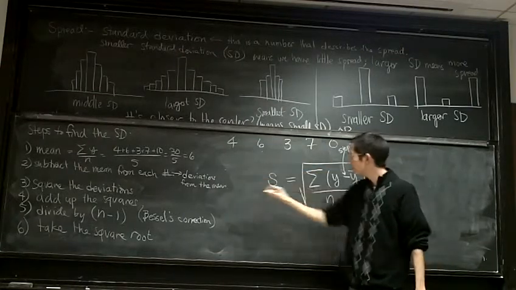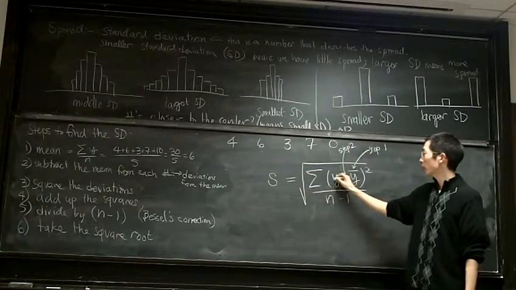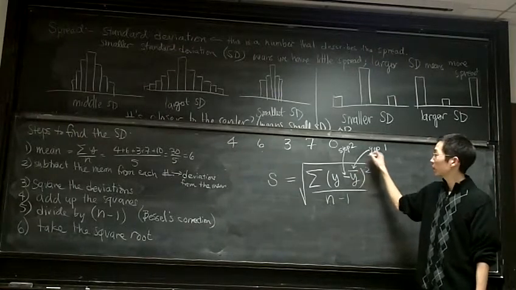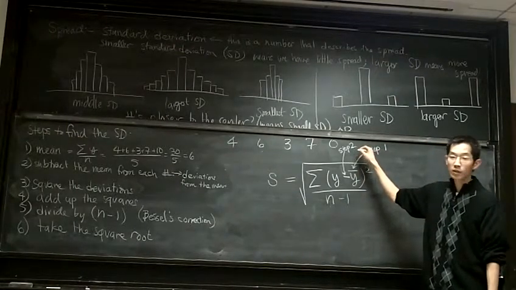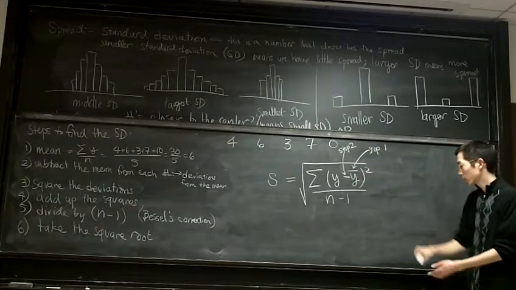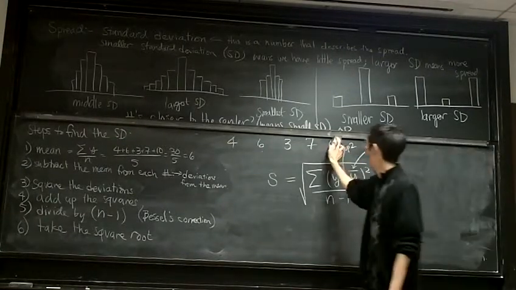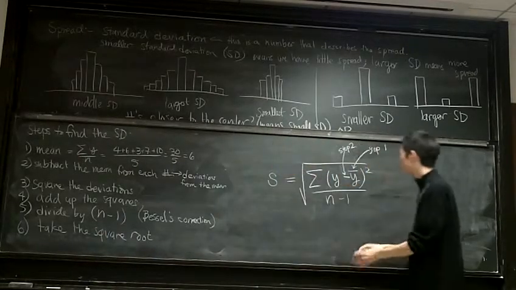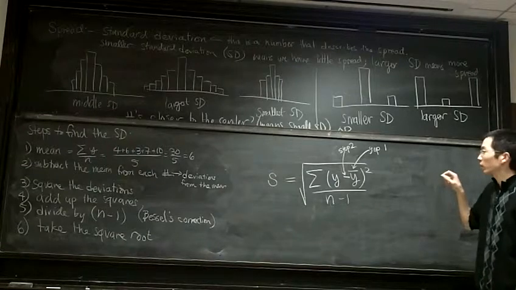That's where we subtract the mean. So we take each y and we subtract off y bar from each of them. That's step 2. We do that for every number in our series, 4, 6, 3, 7, and 0, or 4, 6, 3, 7, and 10. Whatever numbers we have, we subtract the mean from each of those numbers.